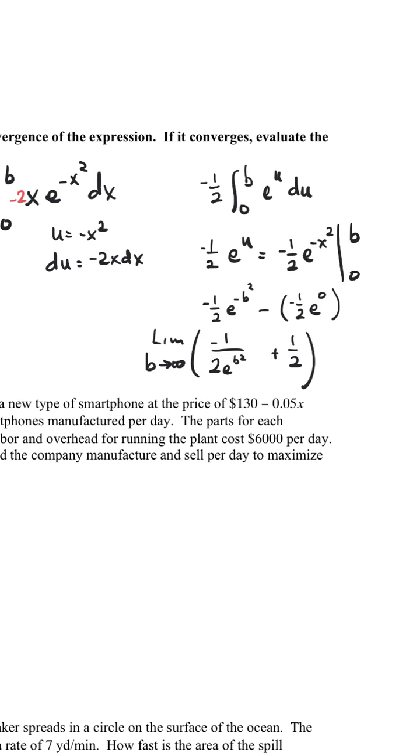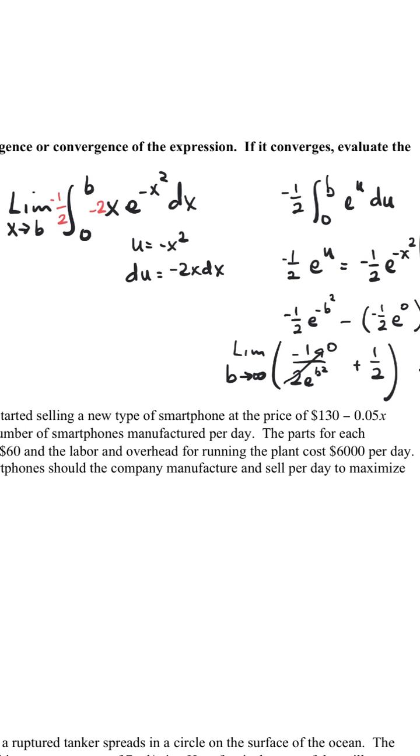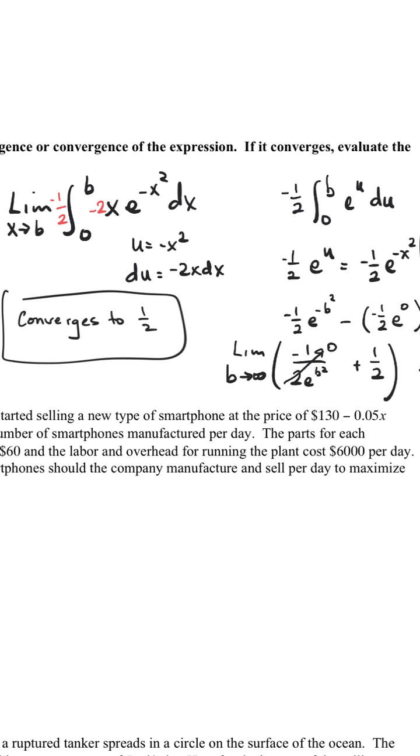So we would say this value of the fraction approaches 0 as b approaches infinity, and then 0 plus 1/2 equals 1/2 right there. So since we were able to evaluate that limit, we would say it converges to 1/2.